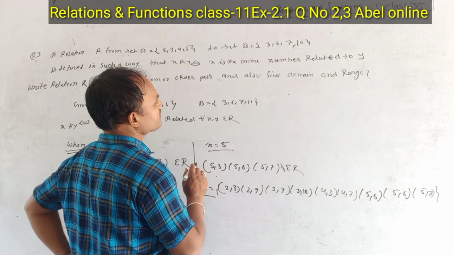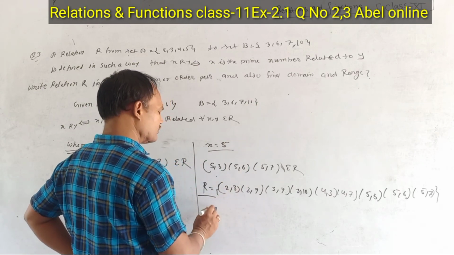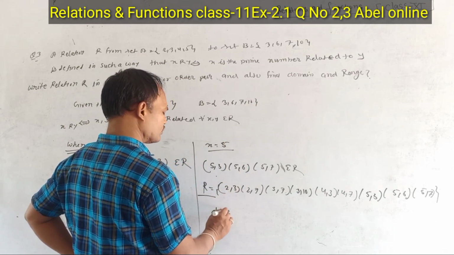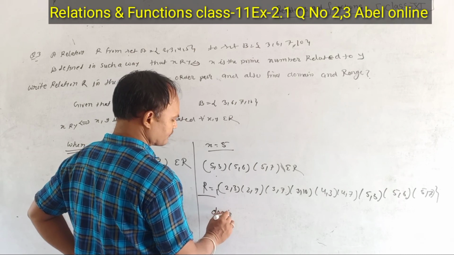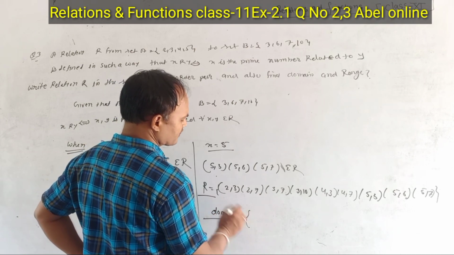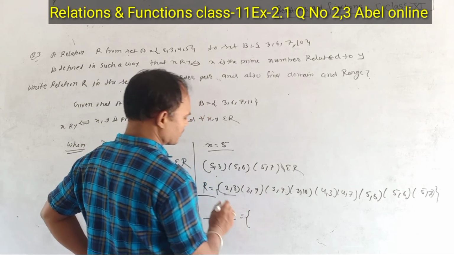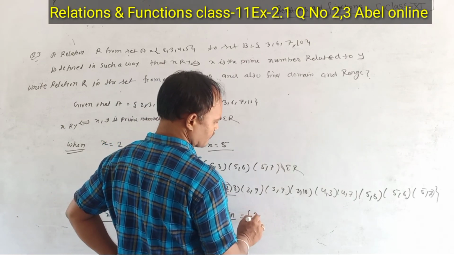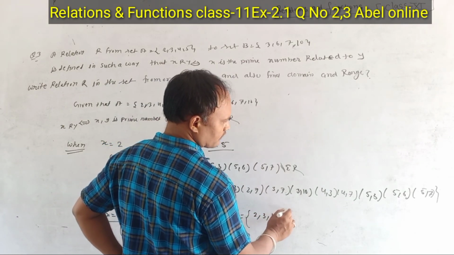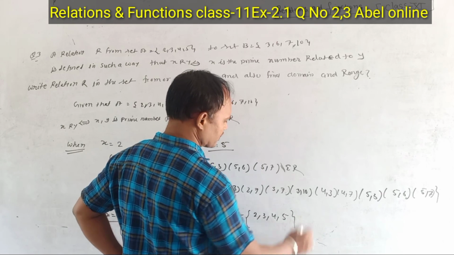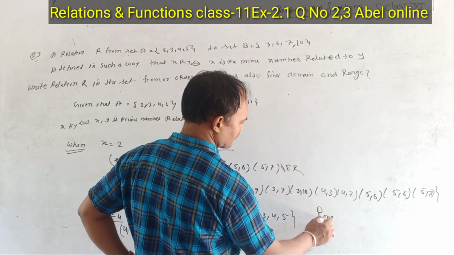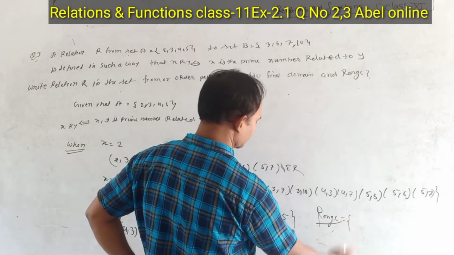Now the question arises: what is the domain? I always say, when we talk about the domain, always remember that the first elements are called the domain. So the elements are 2, 3, 4, 5. That is the domain. What is the range? The second elements are the range.